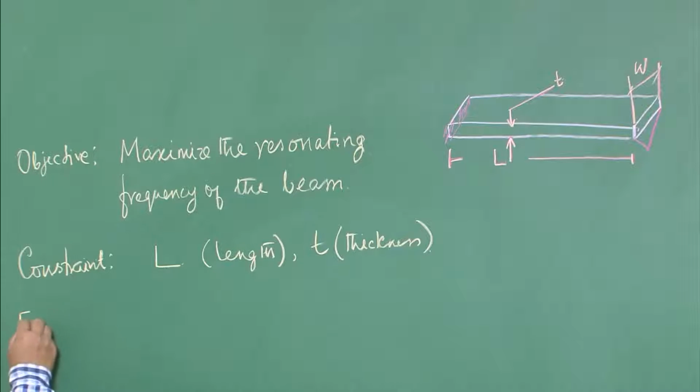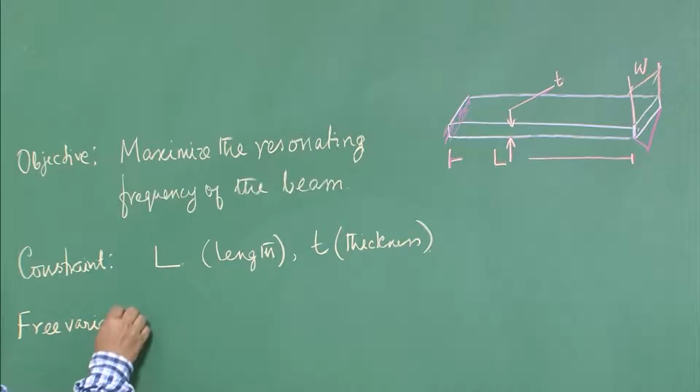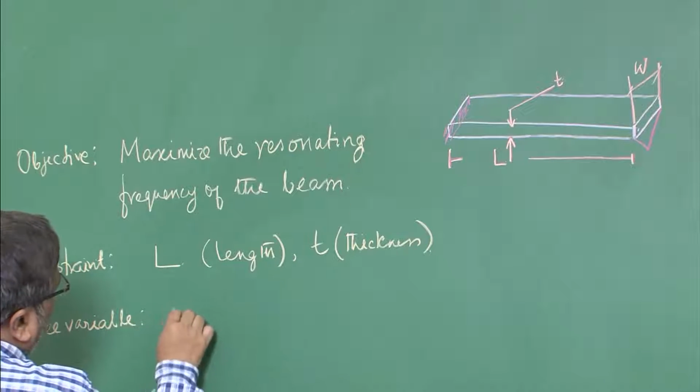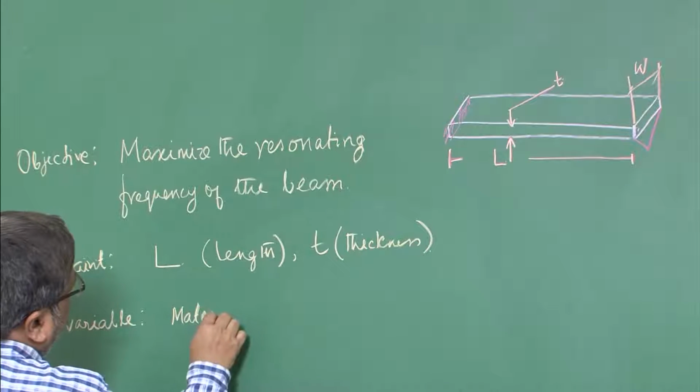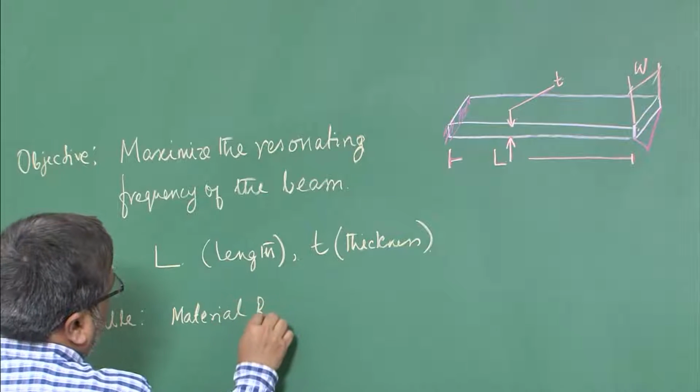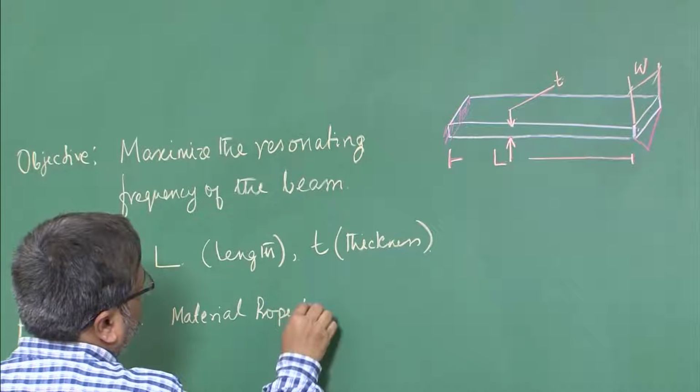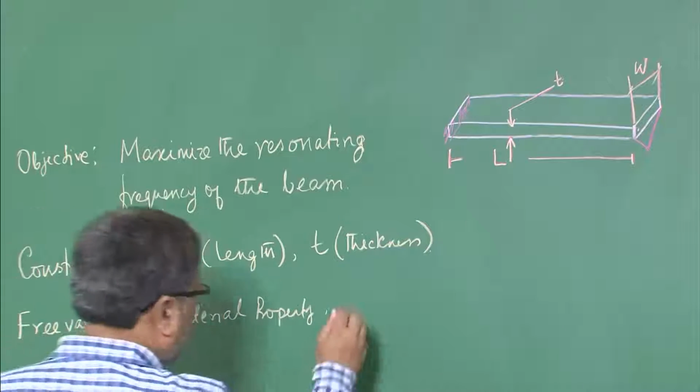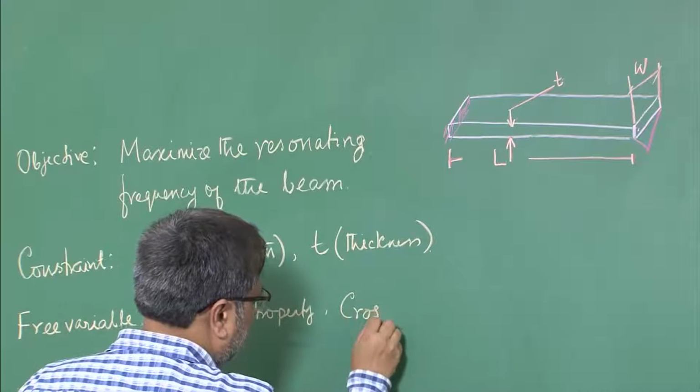So, what is the free variable for us then? The free variable is of course the material property, so the selection of material and cross sectional area.